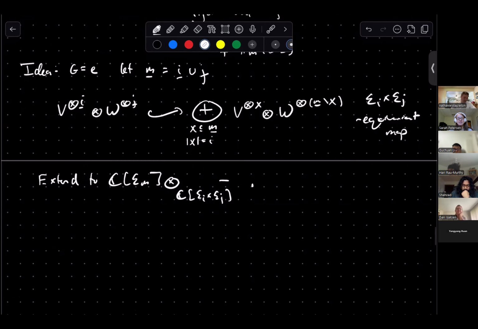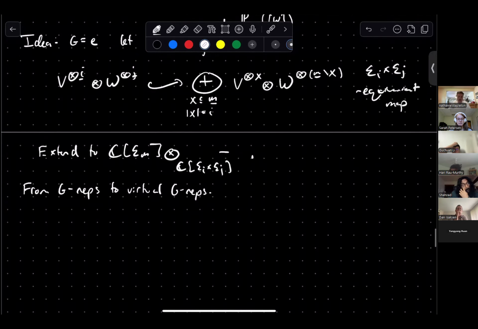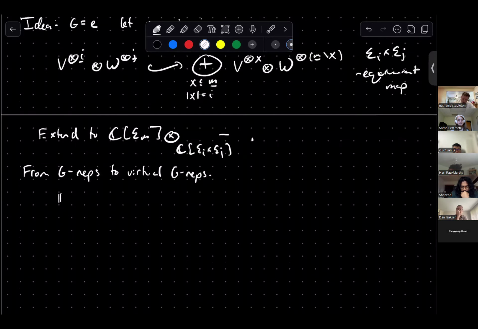But I want to say a little bit about the move from G representations to virtual representations. So from G reps to virtual G reps, because you'd like your source to be all of RU of G. And this actually isn't that hard to do, but it is awkward to give formulas for. So the first observations are, well, what's P0 doing?